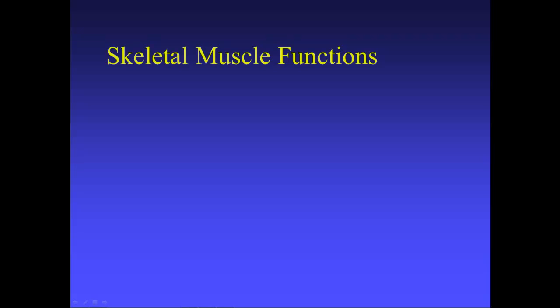Of course, the one that we are likely most familiar with is production of movement. Those muscles are going to pull on the bones of your skeleton, and in so doing, move your body around. And that's most of how we interact with our environment. So producing movement by pulling on your bones, that's one general function.